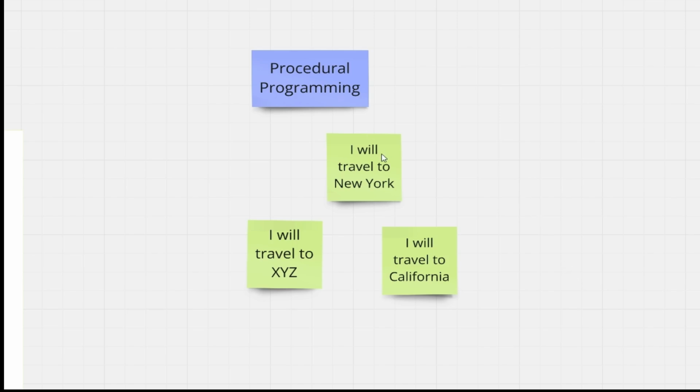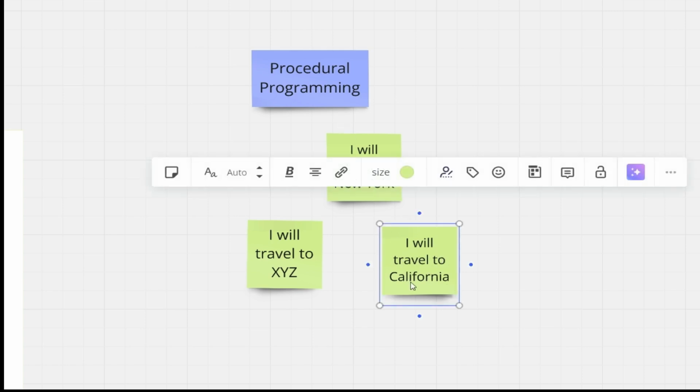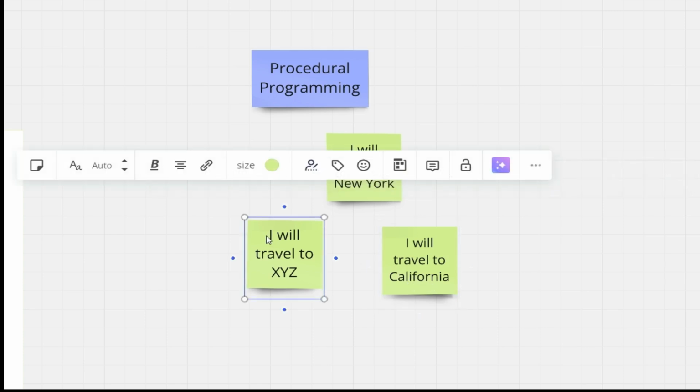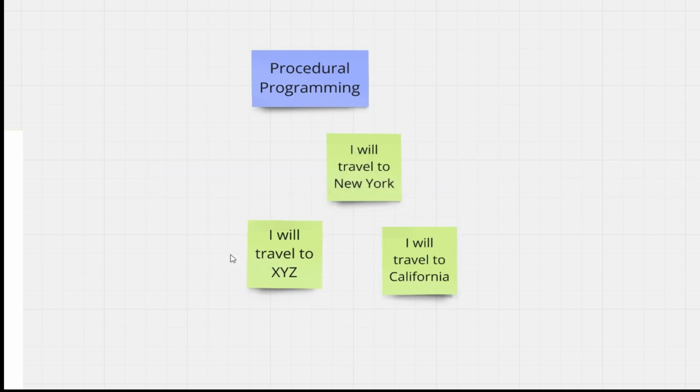This is similar to writing a sticky note: I will travel to New York. Then I would like to write another sticky note: I will travel to California. In procedural programming, the only way is to write it: I will travel to California. I will travel to XYZ.